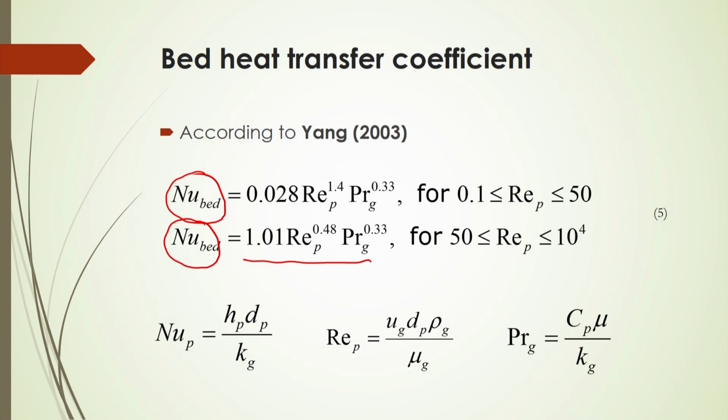So, by these equations, within a certain range of Reynolds number, you will be able to calculate the bed heat transfer coefficient once you know the Nusselt number of the bed. For the Nusselt number of the bed, instead of P it will be bed, and instead of H_p it will be H_bed, and the others remain the same.